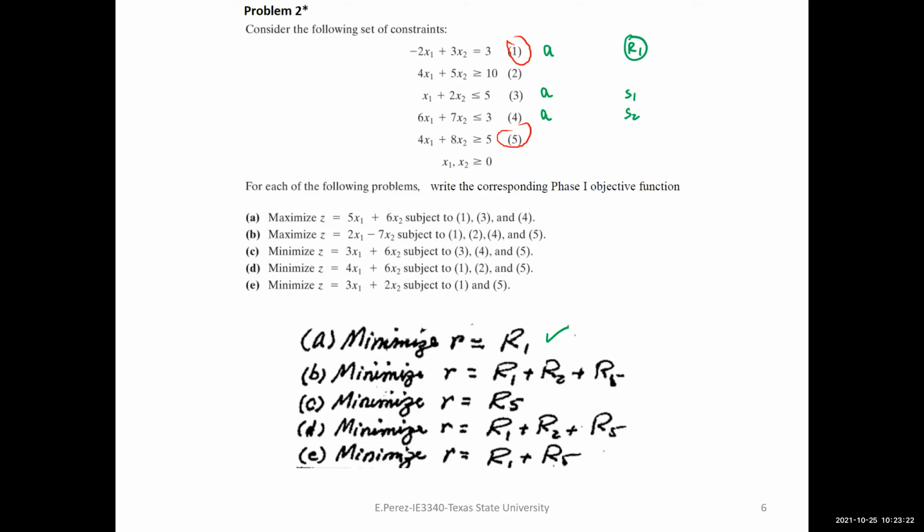Because phase one for the two-phase method is always a minimization. For maximization, well, what do you mean? For example, for A, I put x minus R. No, but remember, this is for the two-phase method.